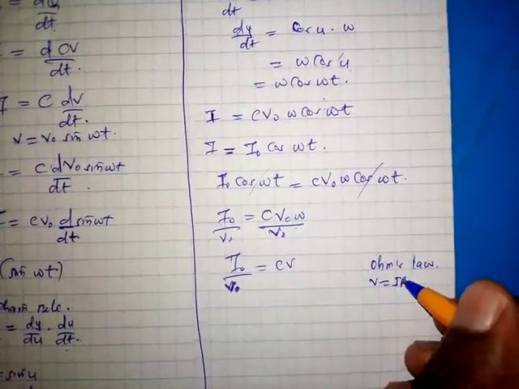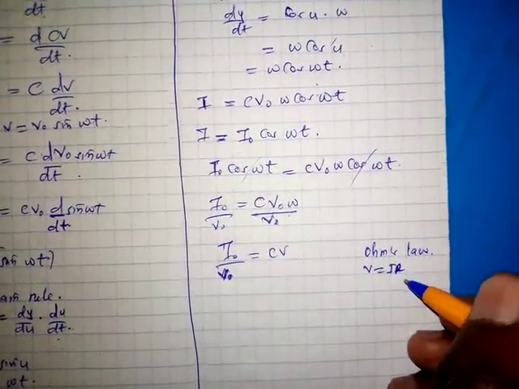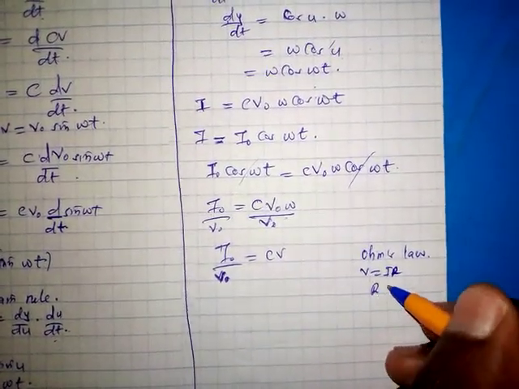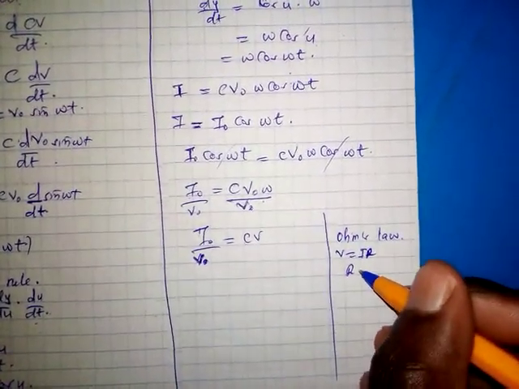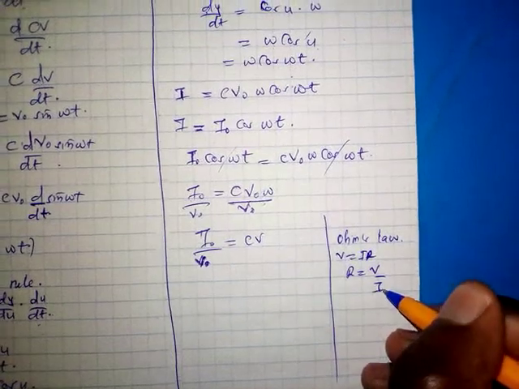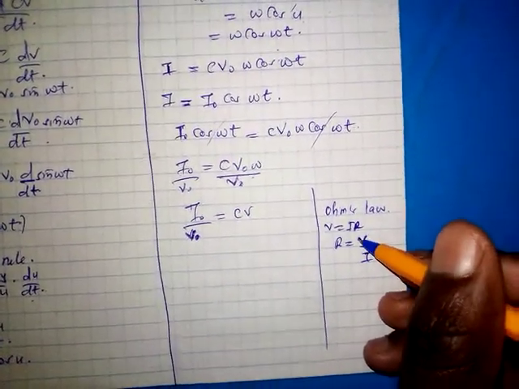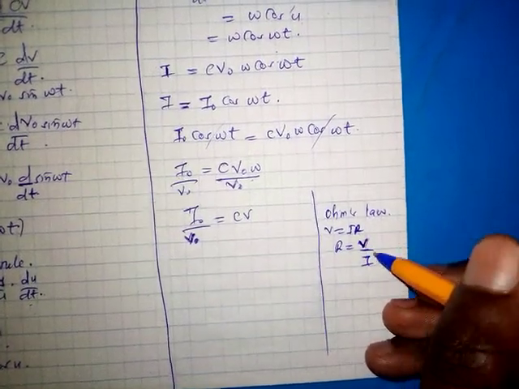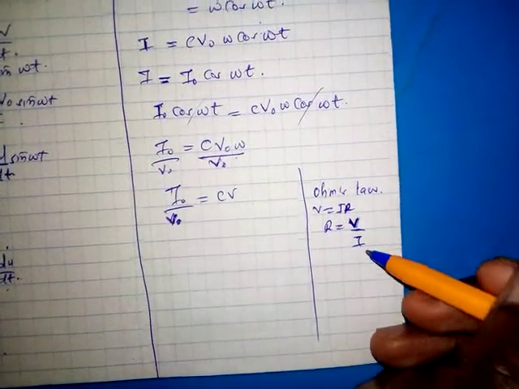Since reactance is the resistance offered, if you make R the subject in Ohm's law, we get R equals V over I, meaning V is the numerator and I the denominator.